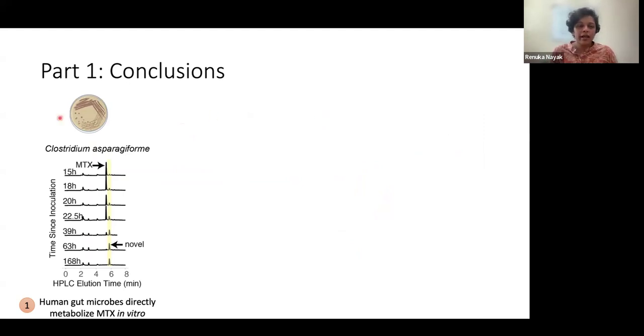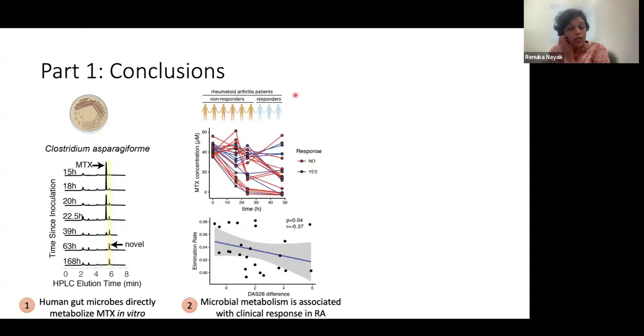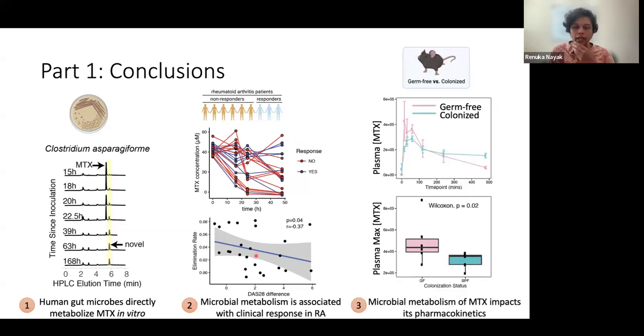And so what I have shown you for the first part of this story is that human gut microbes can metabolize methotrexate directly, and that was done in our in vitro experiments. I also showed you that complex microbial communities from rheumatoid arthritis patients can metabolize methotrexate, and there's variation across patients' microbiomes, and that variation is associated with clinical response in these ex vivo studies, and that in vivo, in our mouse models, the colonization state matters in terms of pharmacokinetics of methotrexate in the blood, right?